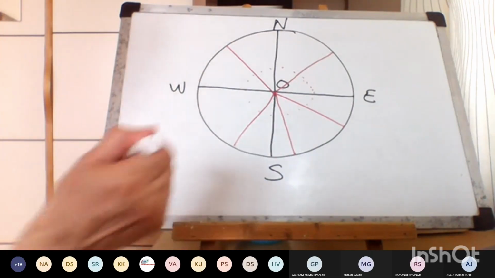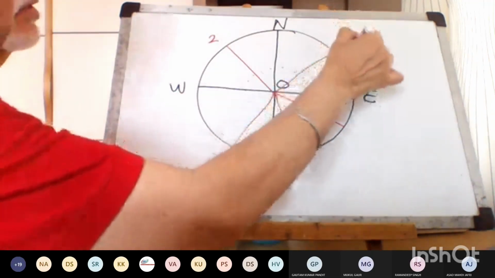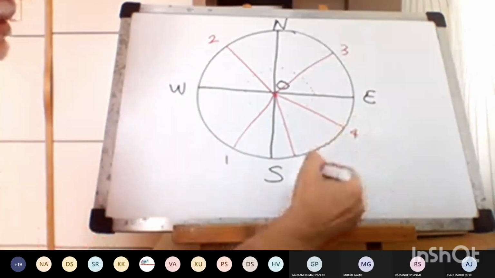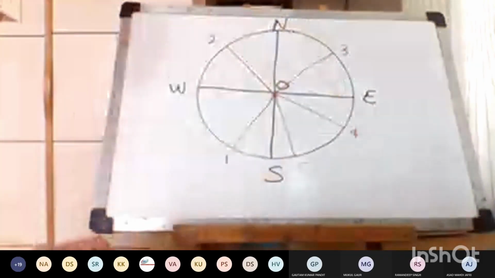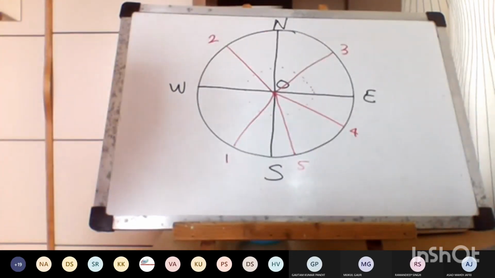Let me number these also 1, 2, 3, 4, 5. There are 5 positions of the heavenly body, 5 meridians passing through the 5 positions. This is the observer's meridian in the north-south direction.